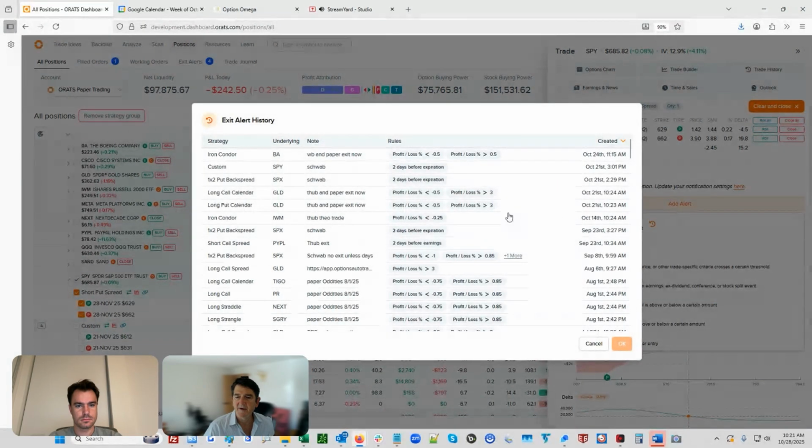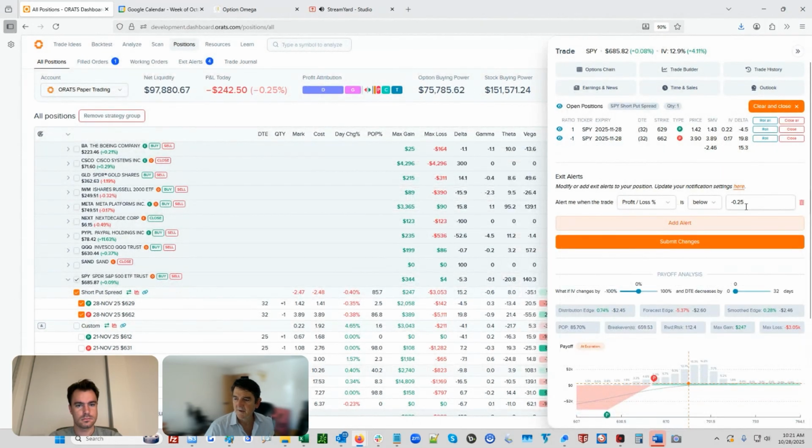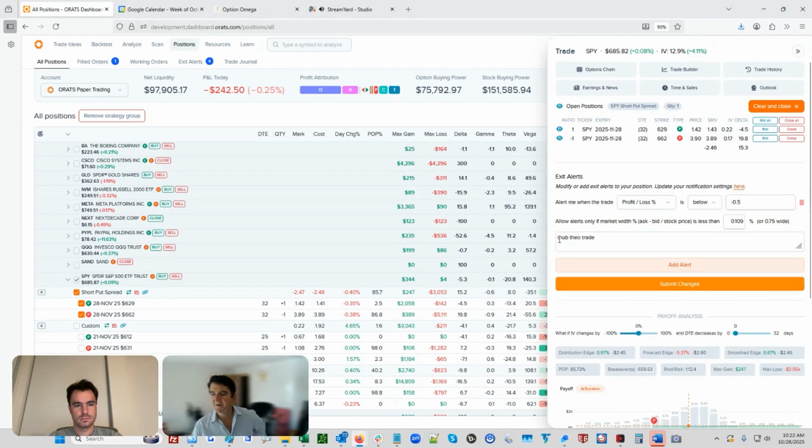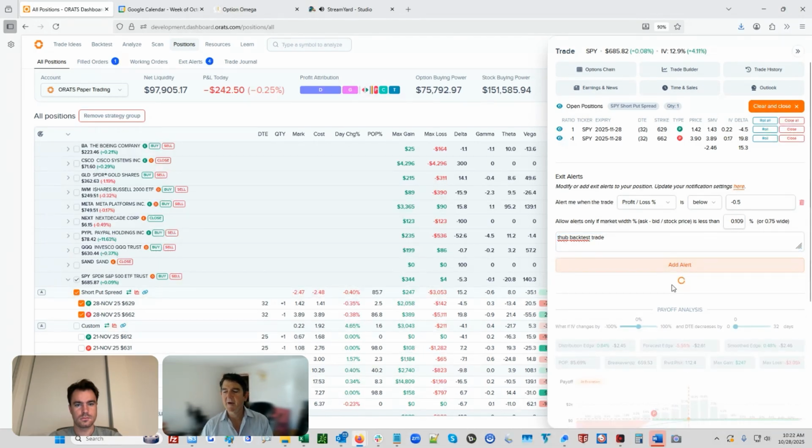Let's see if I have it in history. T-Hub, close enough. All right, so I have profit and loss of 50%. Submit changes. Yeah, so we're good. Actually, this is the backtest trade, so I'll change my note.